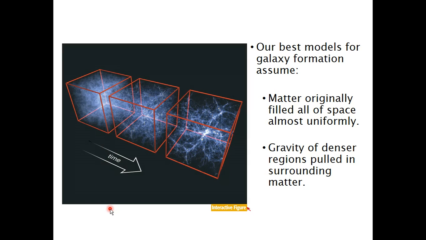And we'll make some assumptions. Matter is almost uniform throughout space. There are some denser regions and some less dense regions, because otherwise we don't form galaxies at all. If it's nice and uniform, you just form one thing, a cloud of gas and dust.